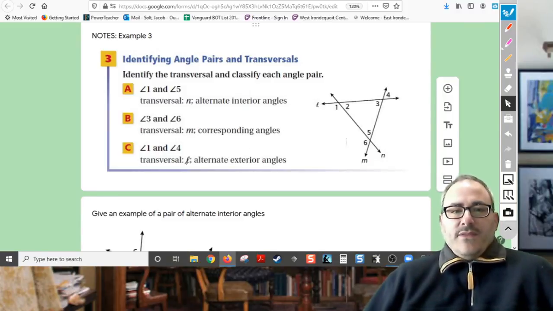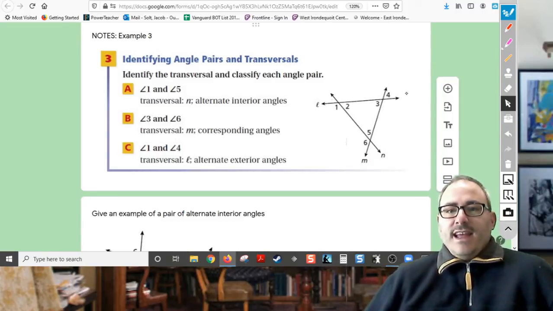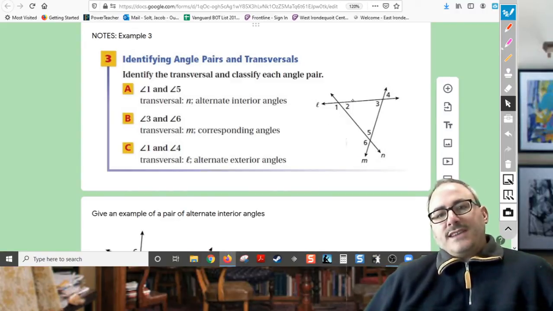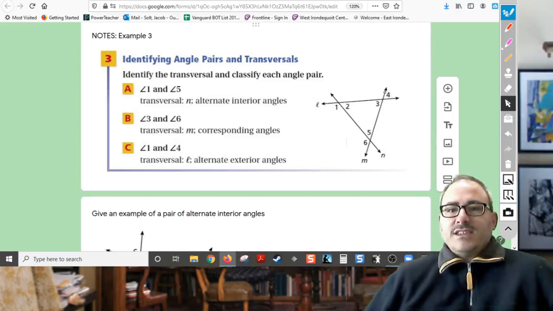And if the transversal is line L here, and I give you angle 1 and angle 4, there's angle 1, there's angle 4. I'm noticing they're on opposite sides of the transversal. I'm noticing that they're exterior, and that they're alternate. So they're on alternate sides of the transversal, and they're exterior to the intersection, therefore alternate exterior angles.